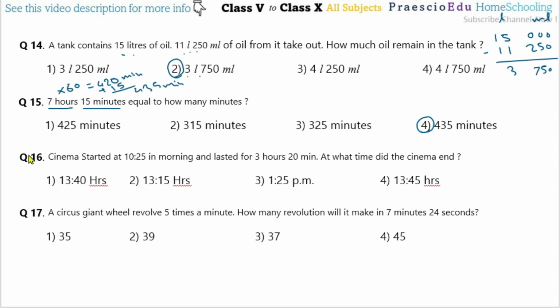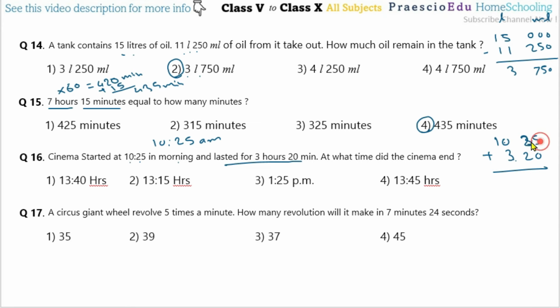Then question number 16: a cinema starts at 10:25 in the morning, means 10:25 am, and lasted for 3 hours 20 minutes, that is the duration of the cinema. At what time did the cinema end? So 10 and 25 is there. We add this 3 and 20, this is the duration, and this is the time.